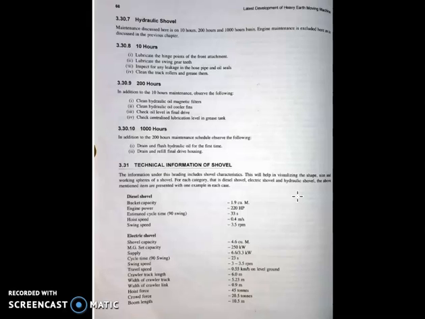For an electric shovel: capacity, motor, motor generator set capacity, supply, cycle time, swing speed, travel speed, collar, track length, width of the collar, track width of the collar, lift force, crowd force, and boom length are most important. So here is the technical information of this diesel.